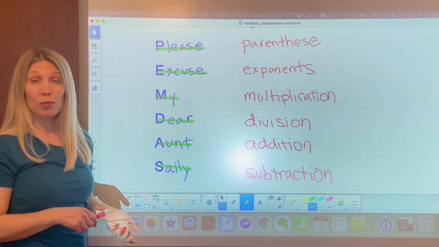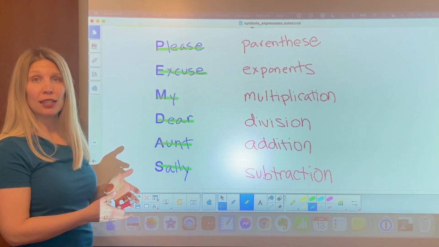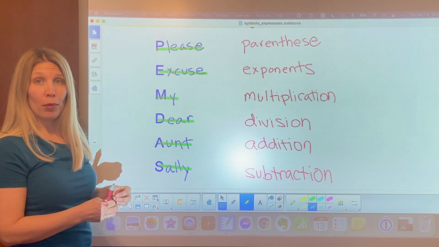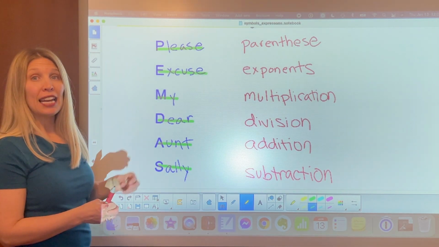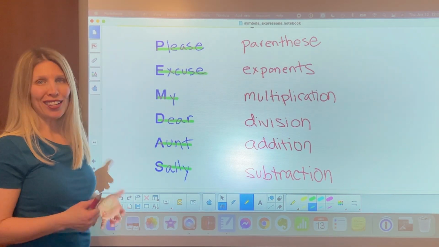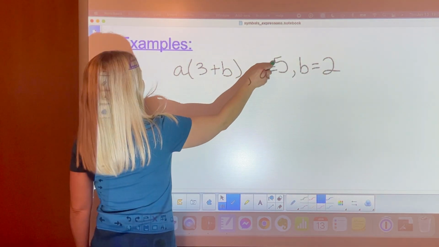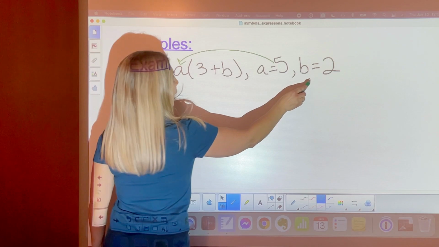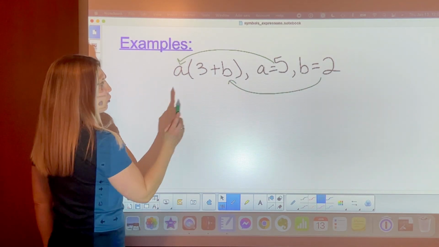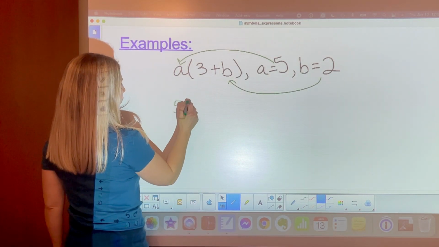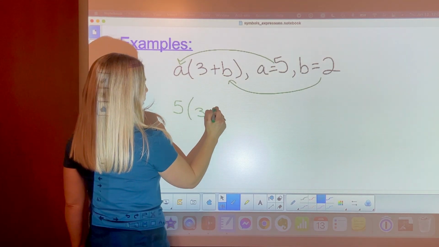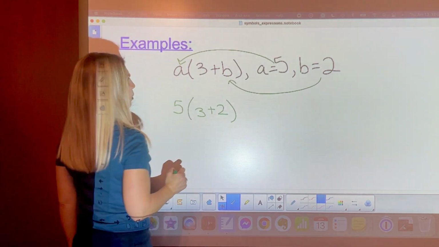So now let's try some problems where we put this into practice, simplifying our problems down and evaluating in this order to get the correct answer. Okay, for this problem, they want A to be 5 and B to be 2. So the first thing I'm going to do is rewrite 5 parentheses, 3 plus 2, end parentheses.